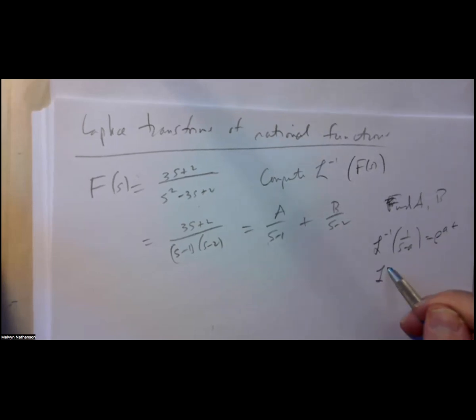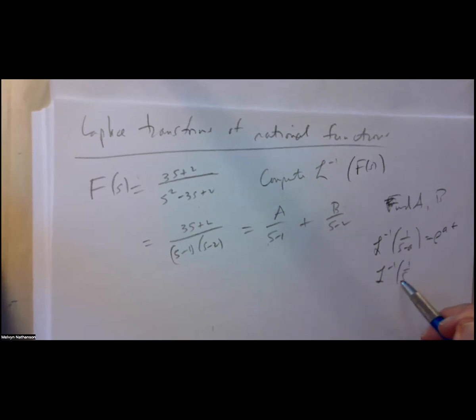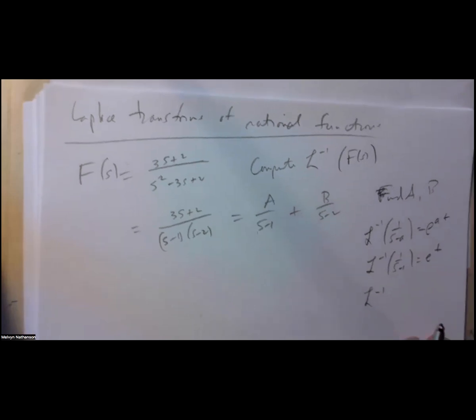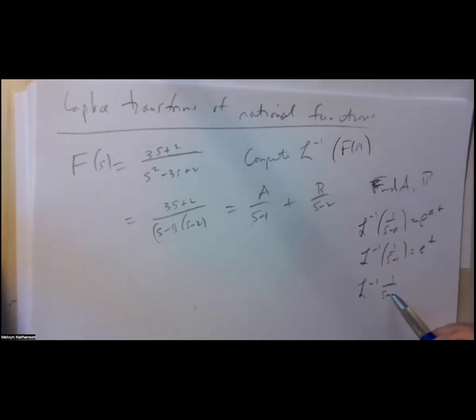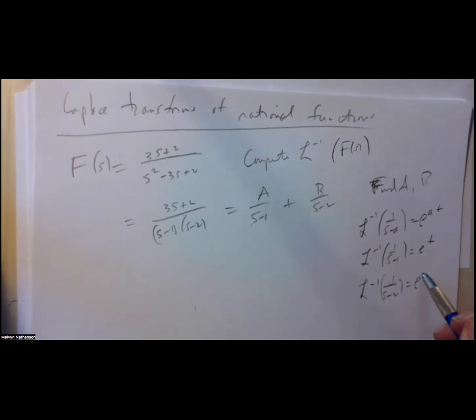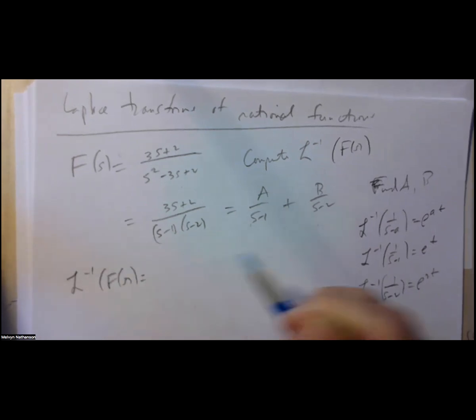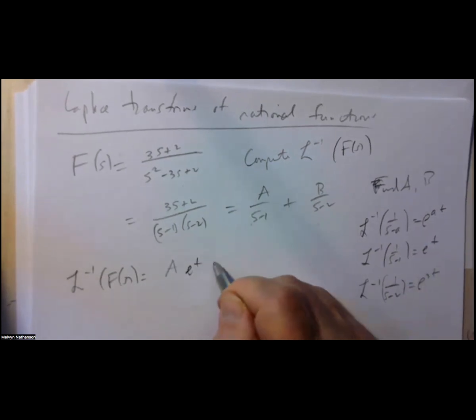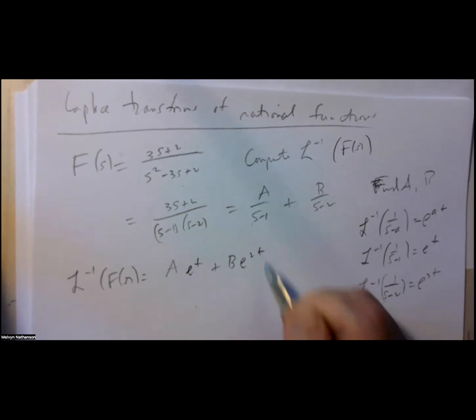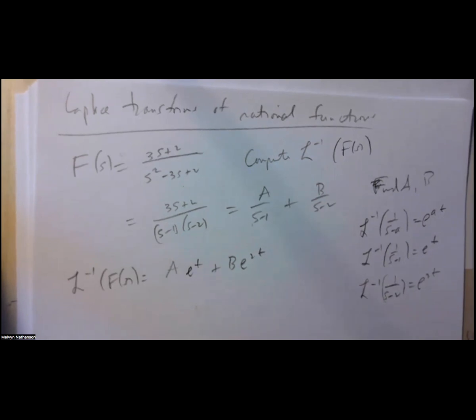So the inverse Laplace transform of 1 over s minus 1 is e to the t. The inverse Laplace transform of 1 over s minus 2 is e to the 2t. So the inverse Laplace transform of this function f of s is going to be a e to the t plus b e to the 2t. But we still need to find a and b.